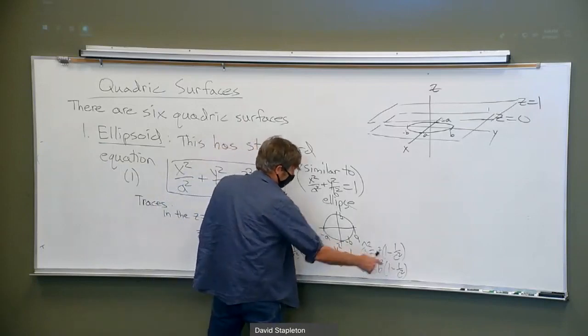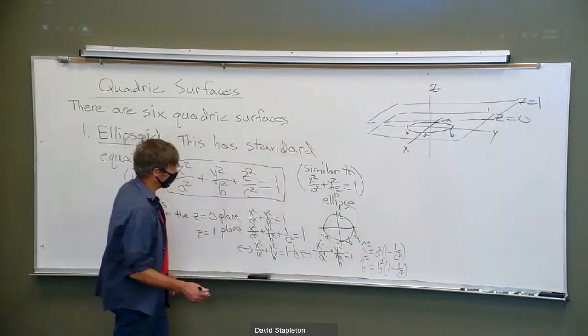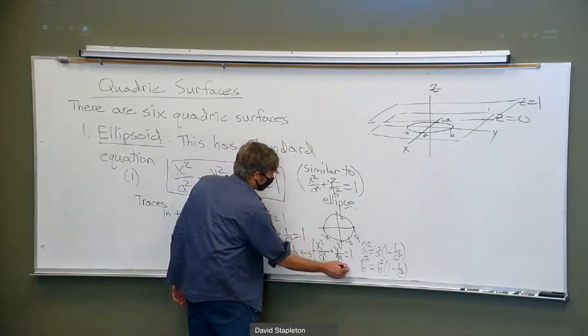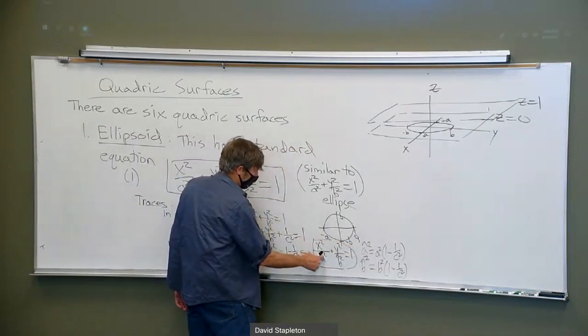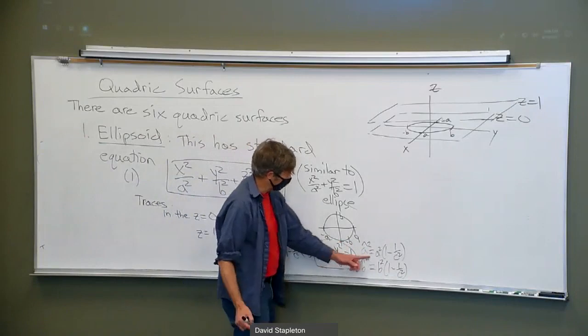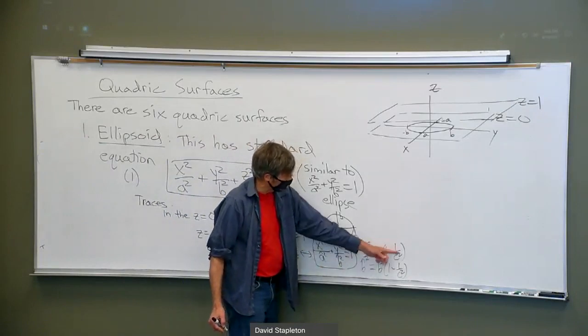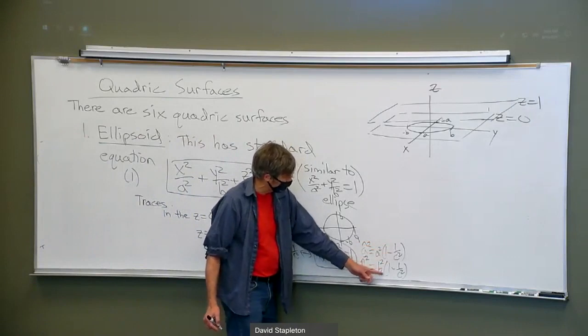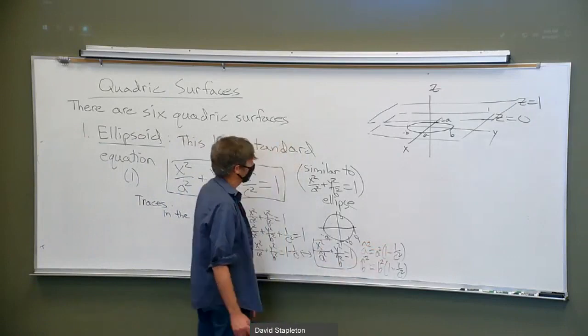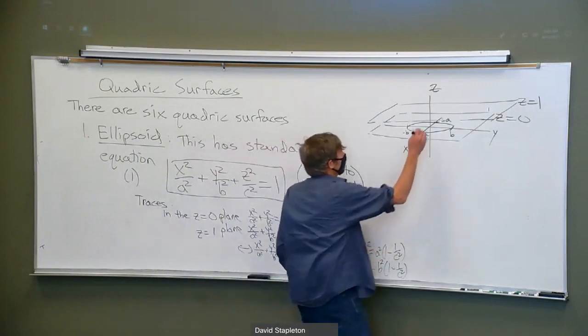But now that's an equation for an ellipse, just with new smaller axes, a hat and b hat, where a hat is reduced from a by the factor square root of 1 minus 1 over c squared, and b hat is reduced from b by the same factor. So you get a smaller ellipse up here.